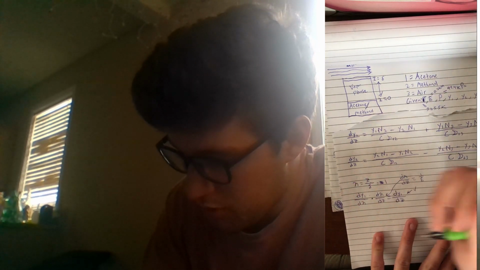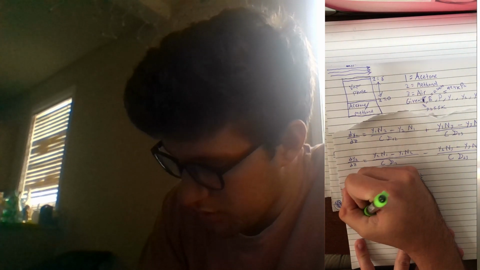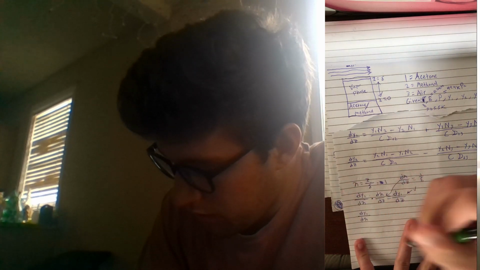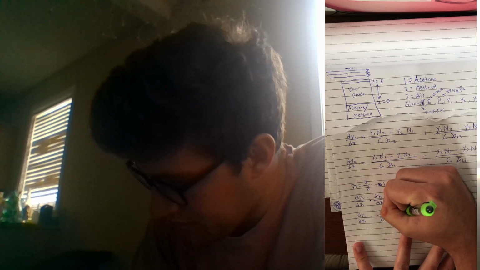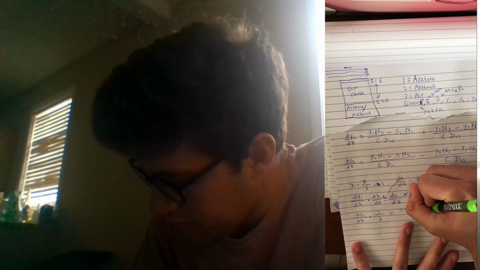We have the derivative of molar fraction of acetone in respect to eta, times 1 over delta, because we just defined that, is equal to what we wrote up here. I'm not going to define this again because it takes a while, but I'll just write it out. We already defined this.